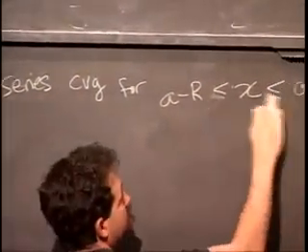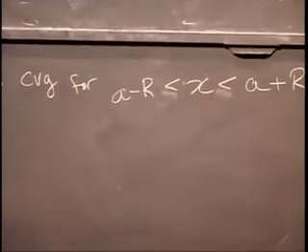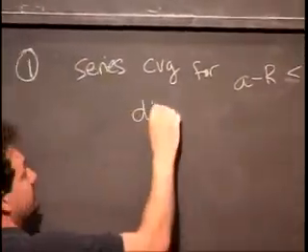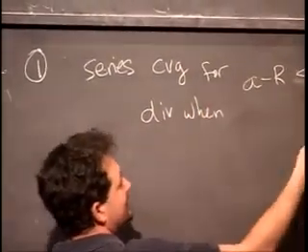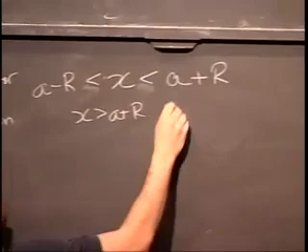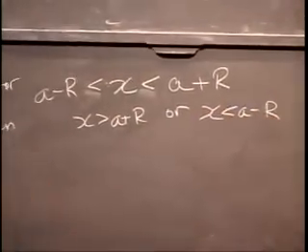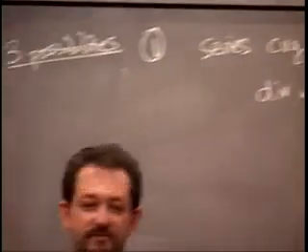I'll just do this less than for the moment. And it diverges when x is bigger than a plus r or x is less than a minus r. Well, when I write it like that, it's almost meaningless.